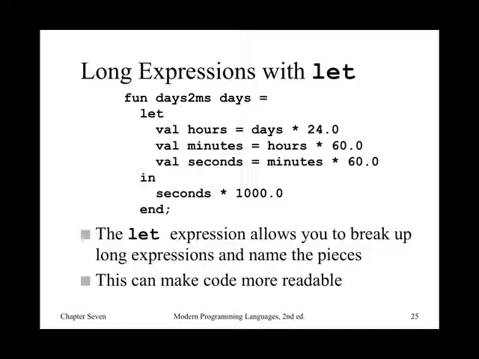So what this allows you to do is set it up. We've got days to milliseconds, which is what this function is trying to be. If I pass in a real as the number of days, I take that days and multiply it times 24.0. You can tell that it's a real because I start doing multiplication with real numbers. So hours is days times 24, minutes is hours times 60, seconds is minutes times 60.